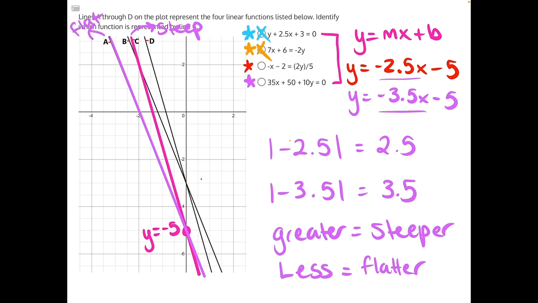So line A likely has the -2.5x slope, and line C likely has the -3.5x slope. So that makes answer choice D with the slope of negative 3.5 as our correct answer.